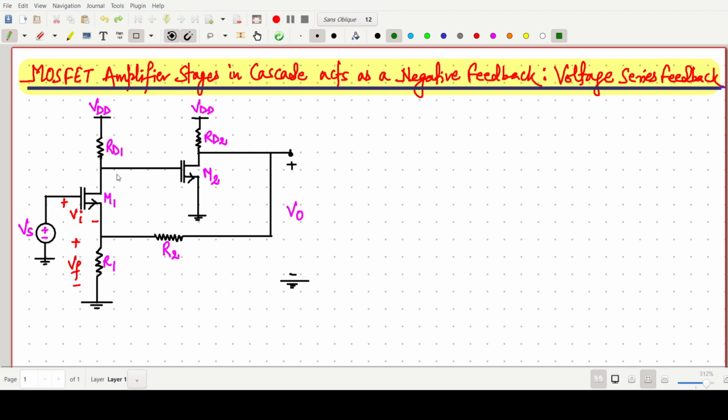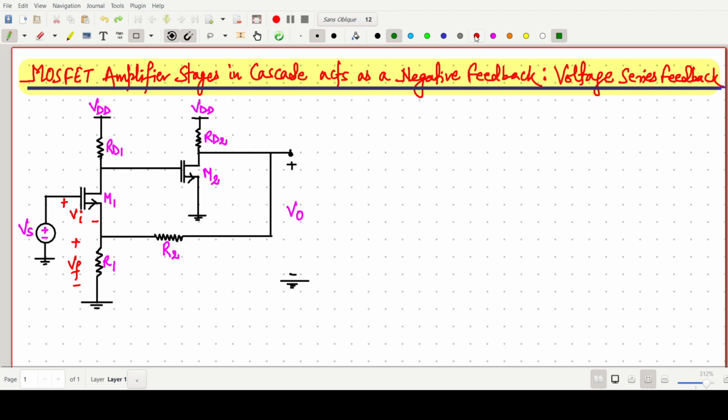transistor, in which the drain of M1 is connected to the gate of M2. So here two MOSFET amplifiers are used, in which the output of the first amplifier is fed to the input of the second transistor, that is our M2. We are taking the output from the drain of the M2 transistor.